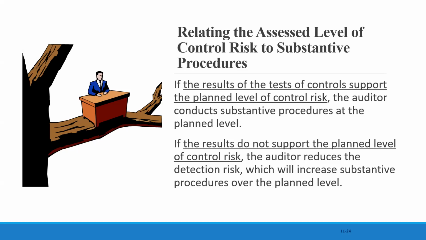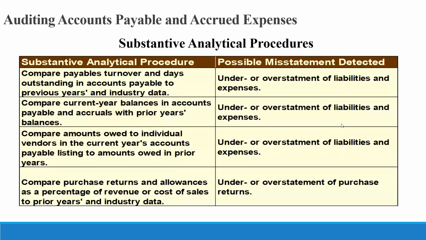So the remaining part of the substantive tests we want to cover will be predominantly about account balances. In the substantive tests, remember we have different types: substantive analytical procedures, substantive tests of transactions, and substantive tests of account balances.